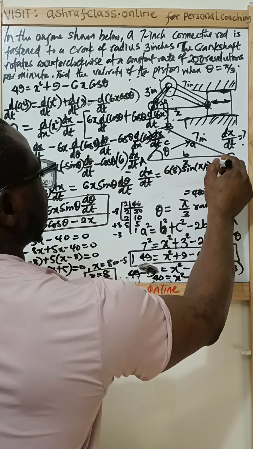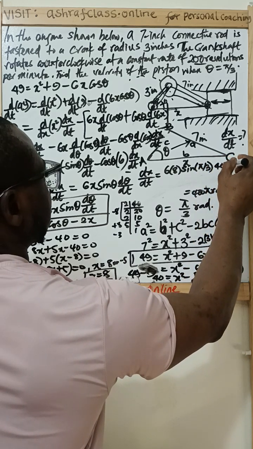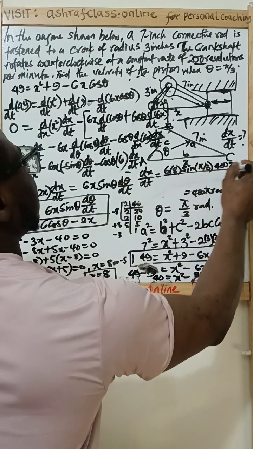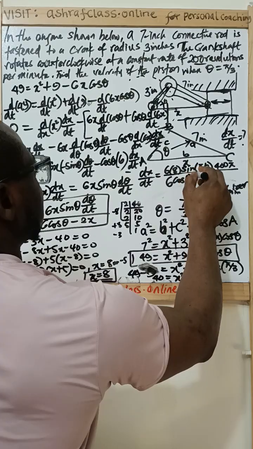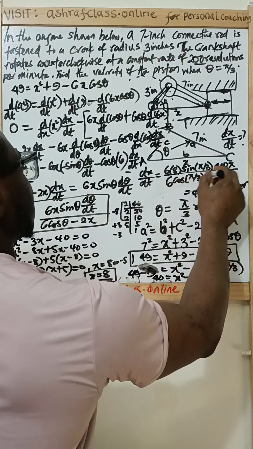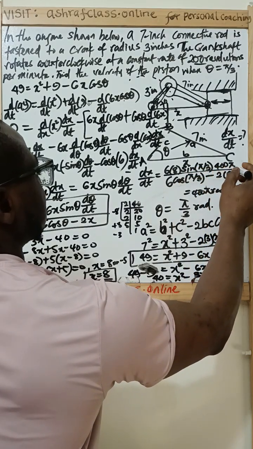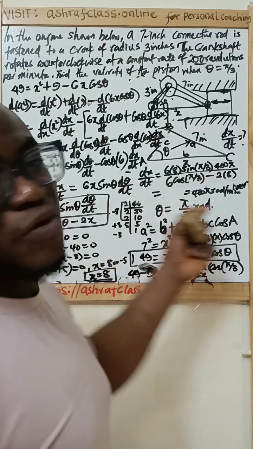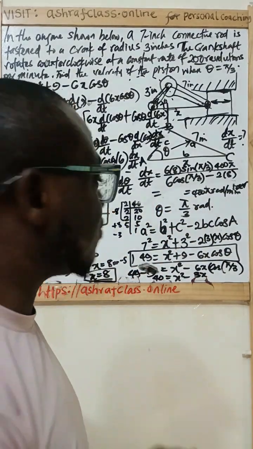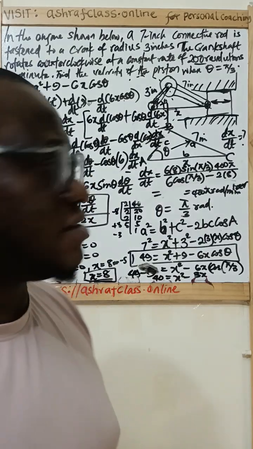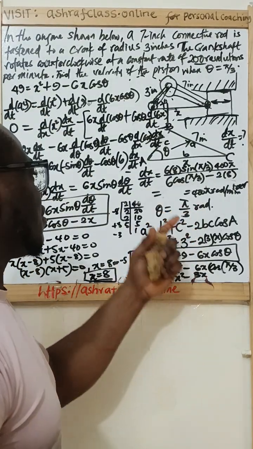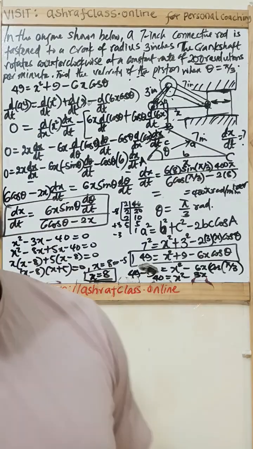Then d theta dt is 400 pi, right? Divided by 6 cos pi over 3, okay? Minus 2 times 8. So by the time we input those values there, we are going to get our answer for dx dt. Okay, so that will be the final answer.